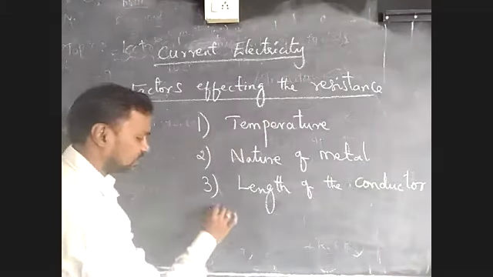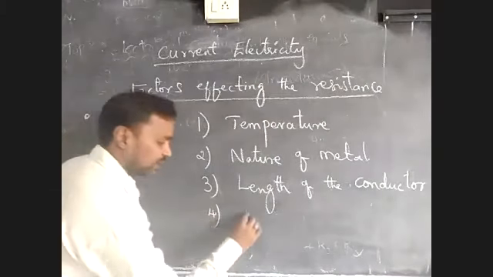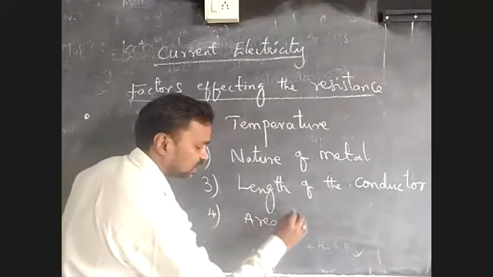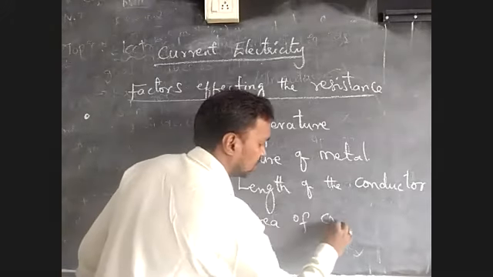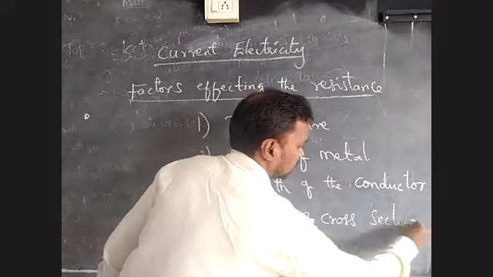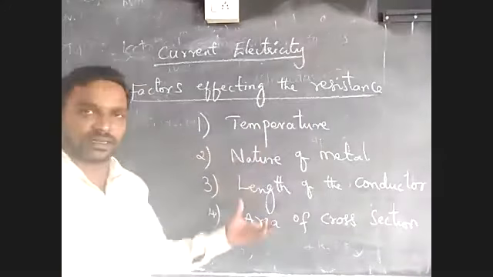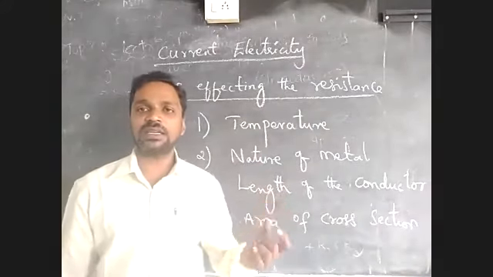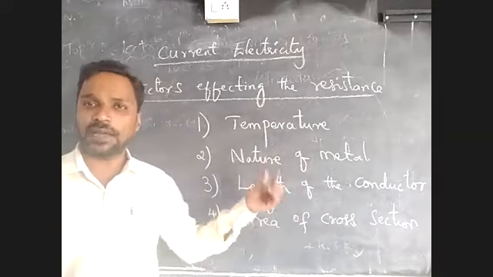Fourth one is the area of cross section, the thickness of the conductor. These are the four factors on which the resistance of a conductor depends.